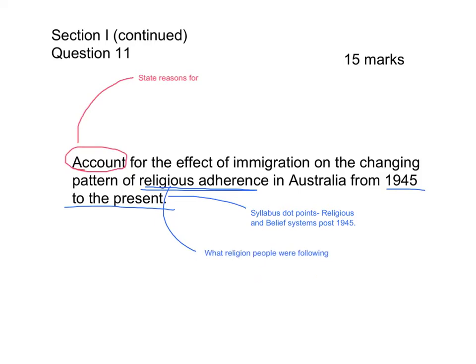We can also identify from the content that we are looking at immigration. Immigration as a term refers to the action of moving or going to live in a foreign country.